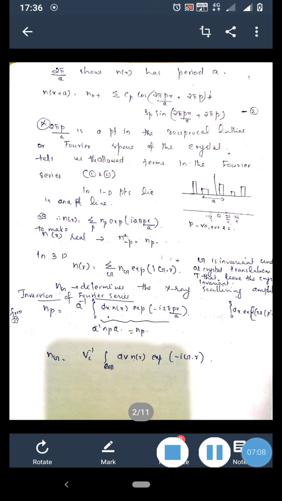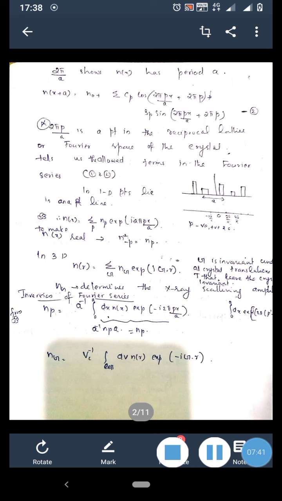So generally we can take the expression for n of r as summation over G of n_G exponential i G dot r, where G is invariant under all crystal translations T that leave the crystal invariant, and this n_G determines the X-ray scattering amplitude, etc.